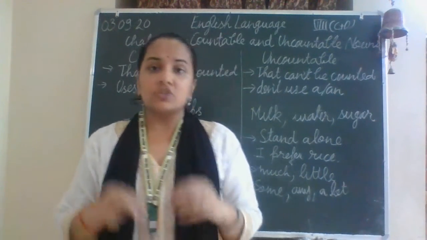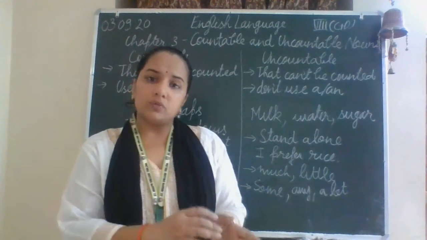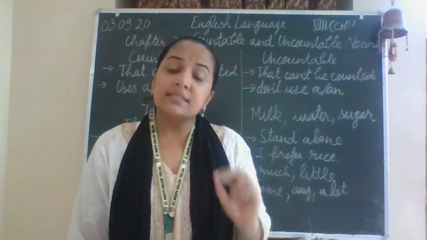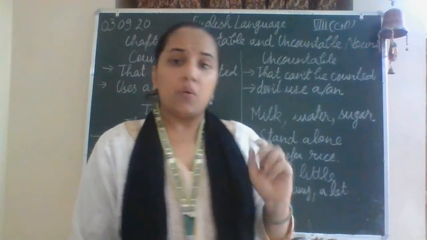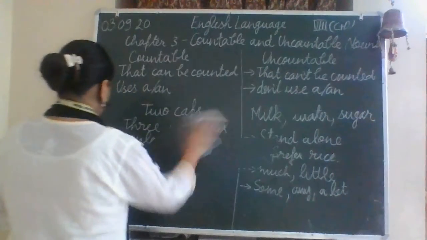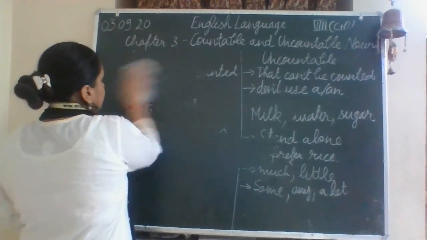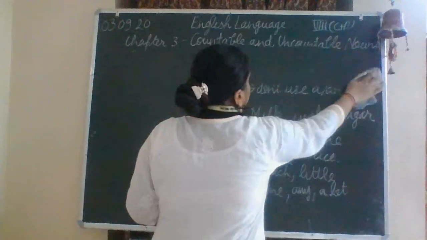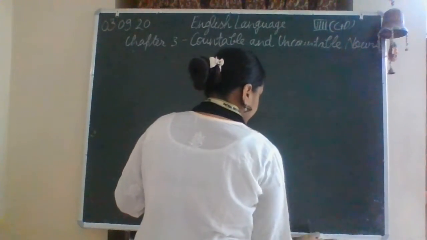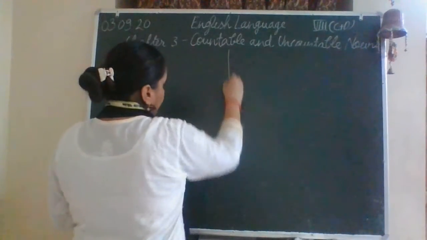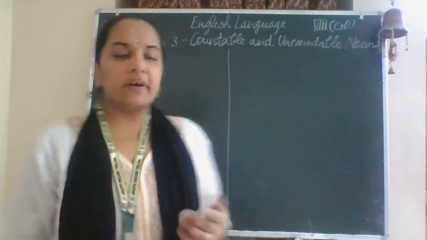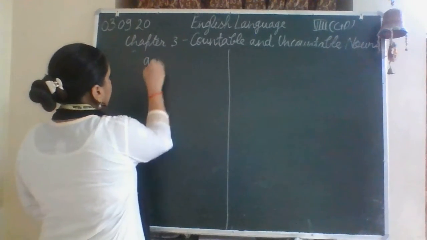So in English, there is a separate countable noun and uncountable noun referring to the same meaning. For example, you must have studied these things when you were discussing this chapter. We have a list of some of those words. For example, a job.